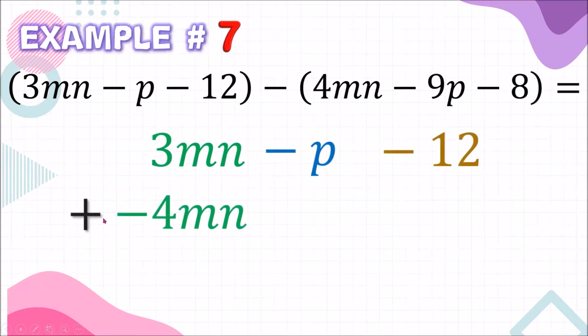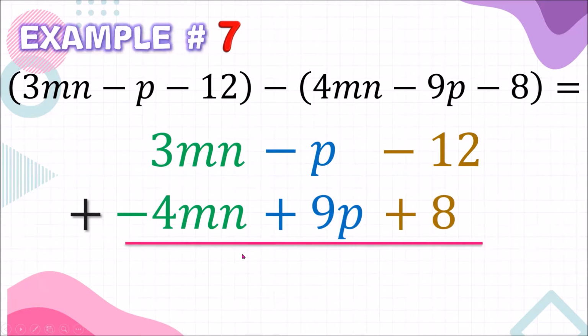So if you can see, 4mn will become negative 4mn, negative 9b becomes positive, and then negative 8 becomes positive 8, and then proceed in addition. So 3mn plus negative 4mn, so common variables mn. 3 plus negative 4, we have different signs. Subtract 4 minus 3, that is 1. And then copy the sign of the larger integer, which is negative 4.